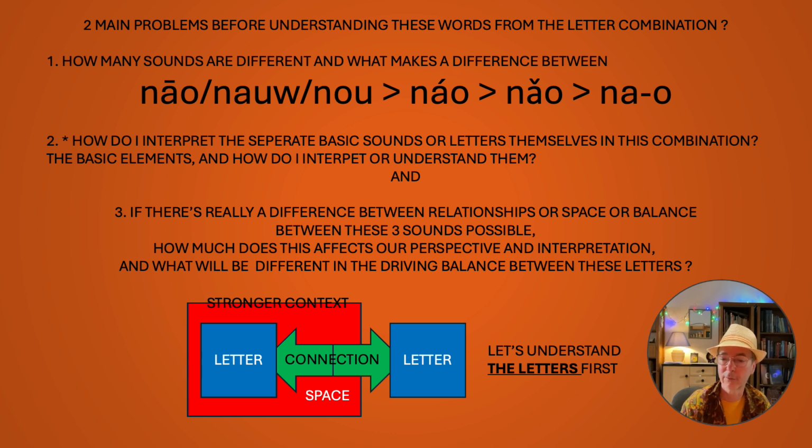The second thing will, of course, be the foundation, the basics themselves. How do these letters combine, and what is the basics first before the variations? What's the basic, and what is understood already in the basics?